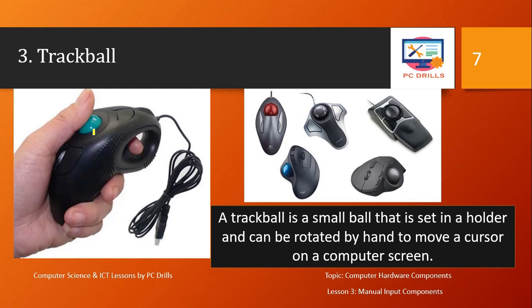If you rotate left, the cursor on the screen goes left. You rotate right, the cursor goes right. Up and down, it follows the way you rotate it in your hand. On the right, you can see various designs for the same equipment.